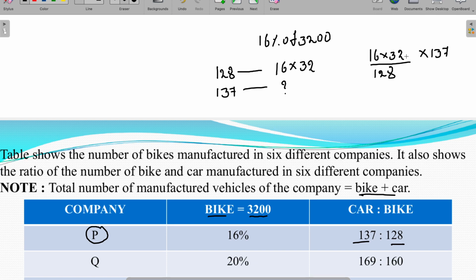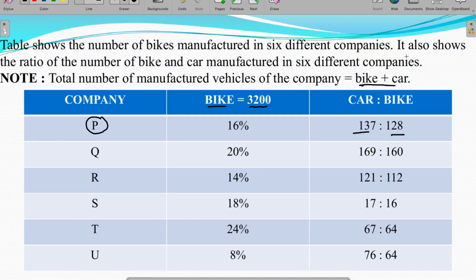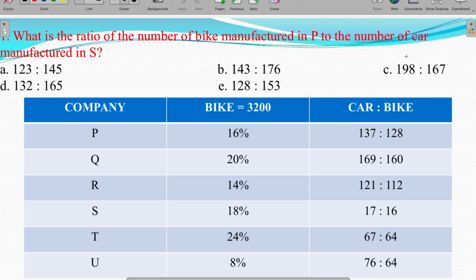Now I have to solve the question. Now let's solve this question. I will tell how to solve it. Now first question, if you see here, read everyone.